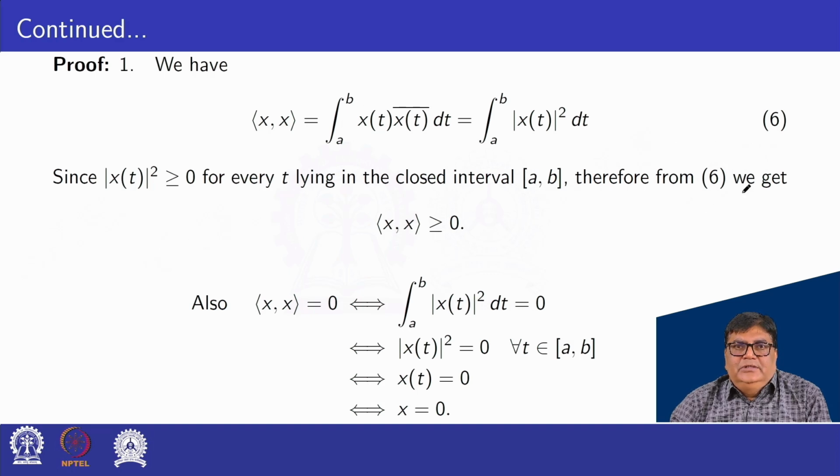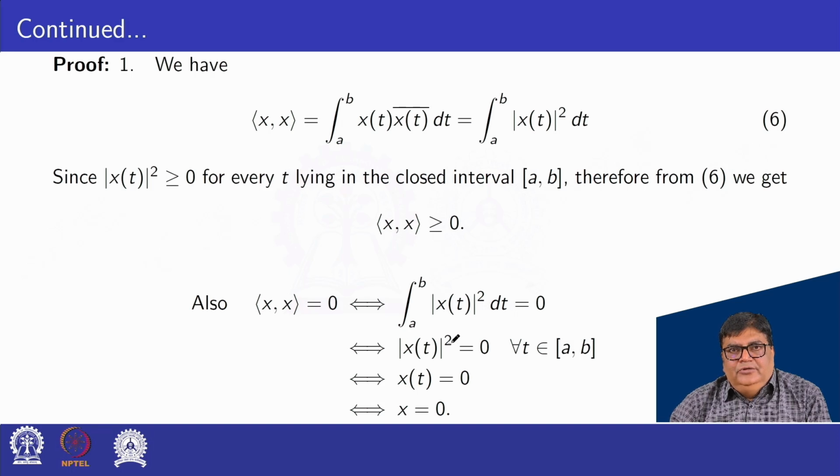Therefore, from equation 6, we get inner product of x, x is greater than or equal to 0. Also, inner product of x, x is equal to 0 if and only if the integral from a to b of mod x(t) square dt is equal to 0. This means mod x(t) square is 0.